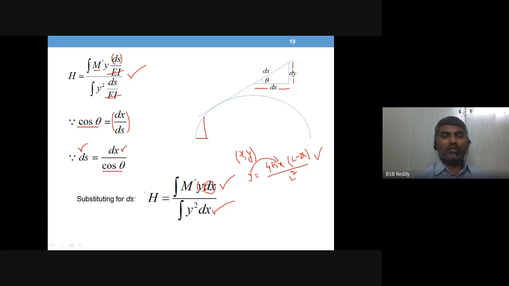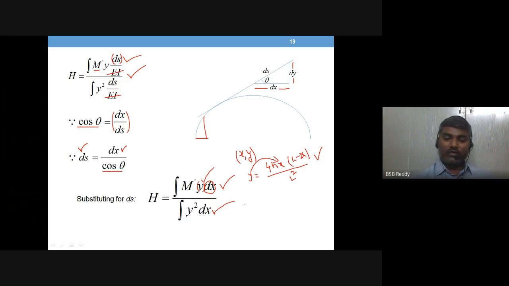So these are the changes required to be made for the general equation available for horizontal thrust evaluation in case of two hinged arches. Okay, so ds is replaced with dx, and y is replaced with the parabolic geometry relation between x and y.